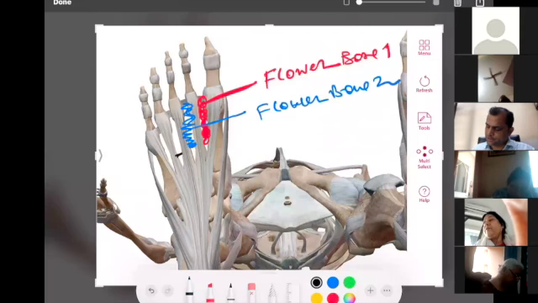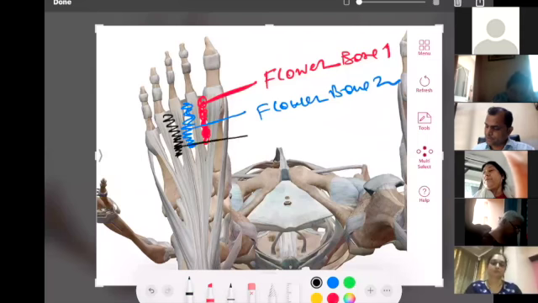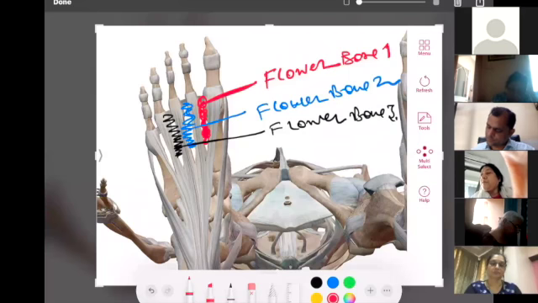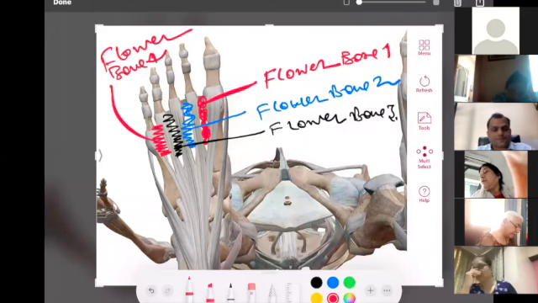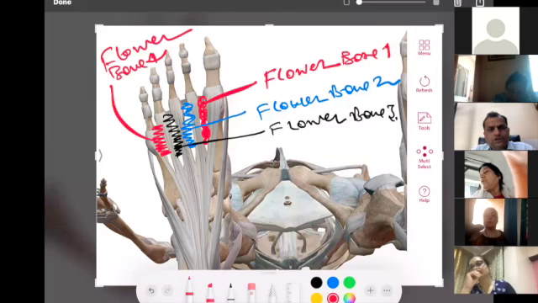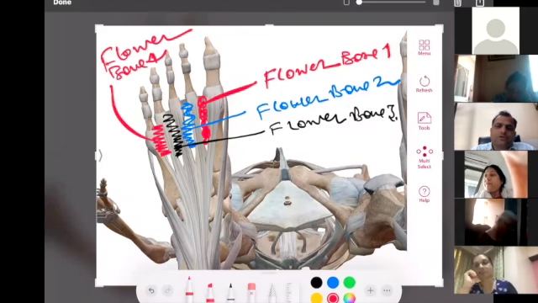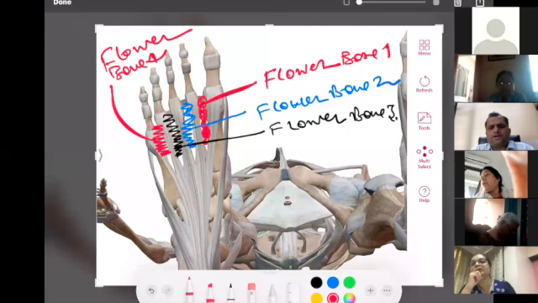If we put the point in the third gap, it is called flower bone 3. And if we put the point on the fourth gap, that is called flower bone 4. So in this way, all these 4 points together can be called 4 flower bone. Okay, but Master told flower bone 1, flower bone 2, flower bone 3, and flower bone 4.